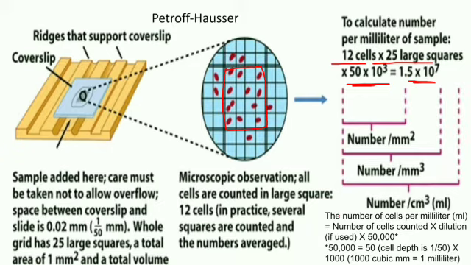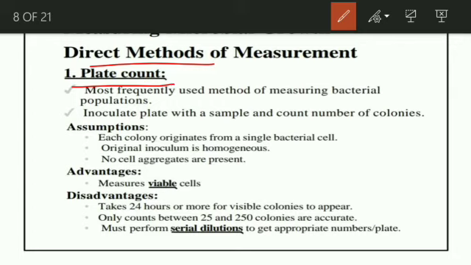So you need to take the sample every half an hour or 1 hour from the bacterial culture. And another method is the plate count. What is the plate count? This is another very important thing, the most frequently used method for measuring bacterial populations.